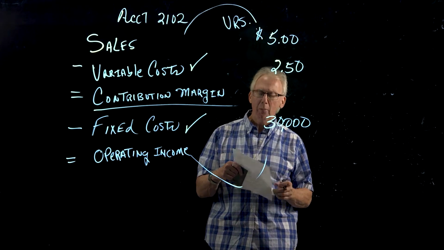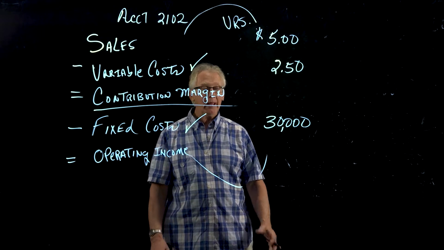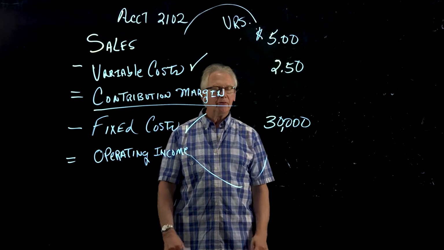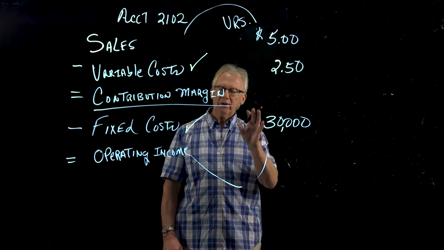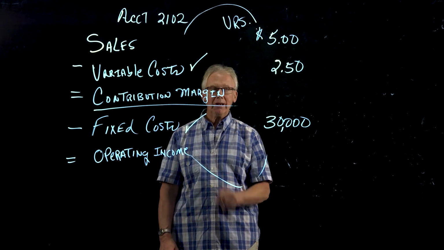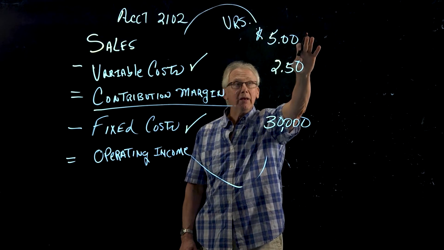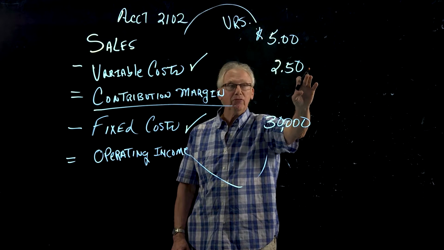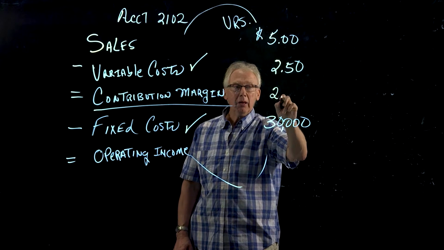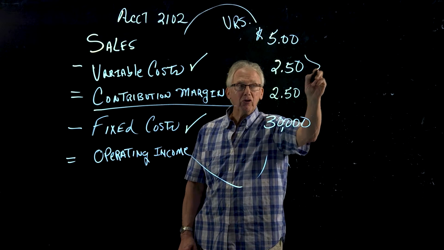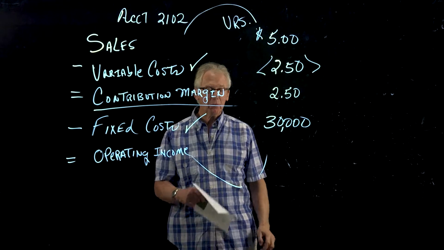Okay, well, what are we going to do first? What did I tell you the desired profit formula is? Fixed cost plus operating income. Well, right away, if we have $5 minus $2.50, we can say that contribution margin is $2.50 per unit.